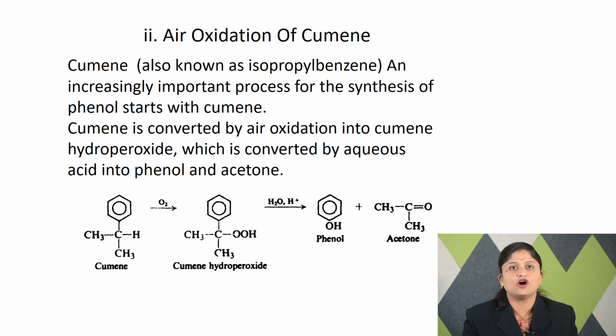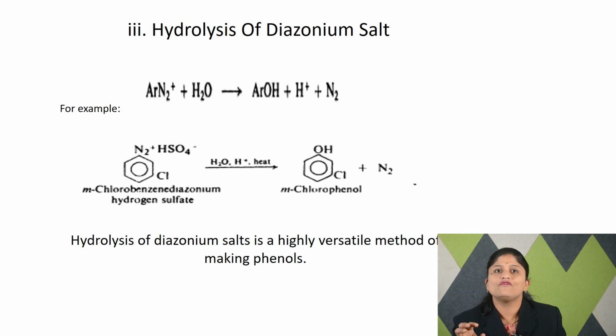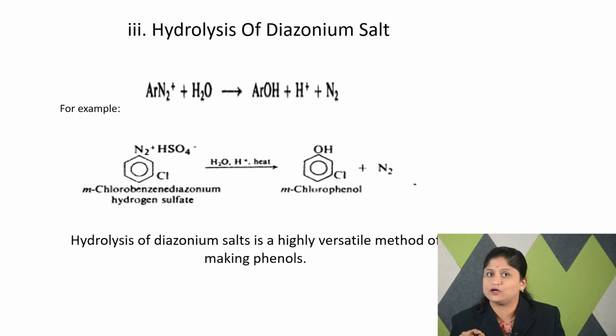to the phenol nucleus. The third, very important method, with versatile application in the synthesis of phenol, is hydrolysis of the diazonium salt. Now, what is a diazonium salt? When we react any primary aromatic amine with a mineral acid, the compound we produce is called a diazonium salt, in which the aromatic compound has two nitrogen atoms doubly bonded to each other.